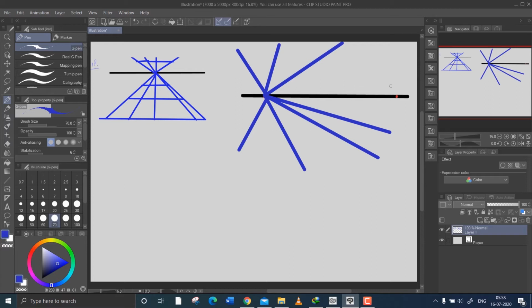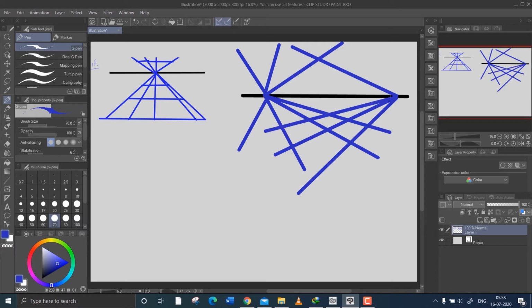Now same with this point. So this is our grid in 2-point perspective.